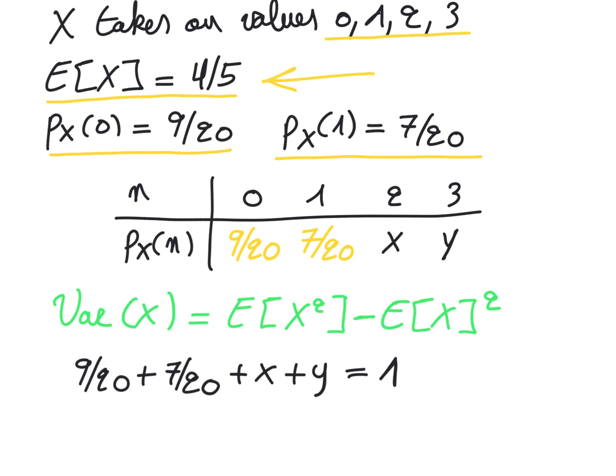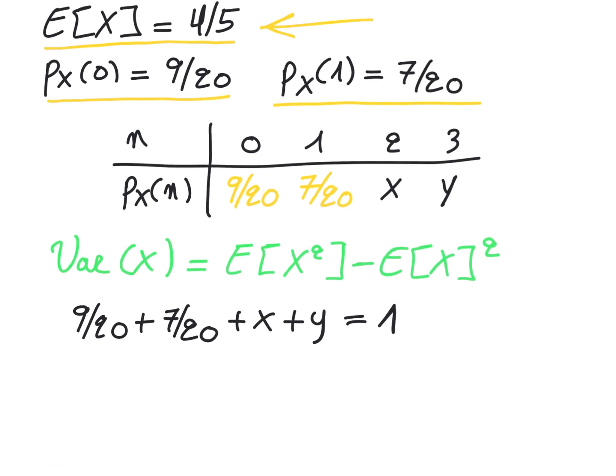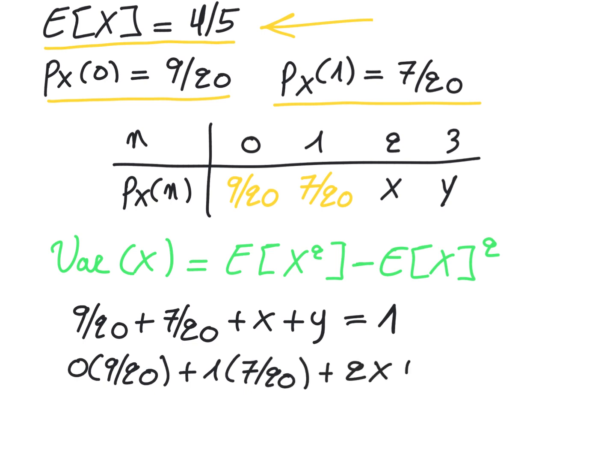Now, for this variable, the expectation of x is 0 times 9 over 20 plus 1 times 7 over 20 plus 2 times x plus 3 times y. And this should be equal to 4 over 5.